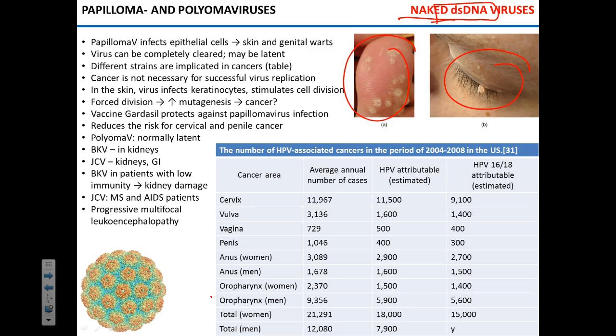Every time the cell divides, it replicates its own DNA, and the same machinery replicates virus DNA. So the virus pushes the cell to replicate, to reproduce. And you have an outgrowth that we call a wart. Just more cells. Okay?